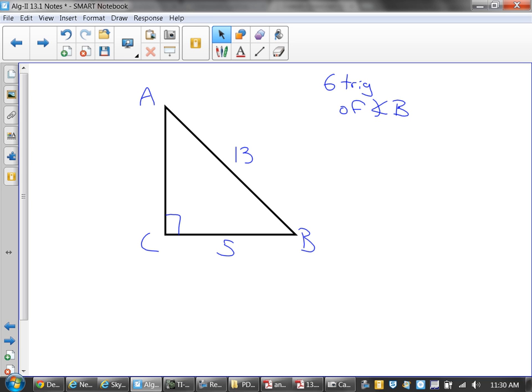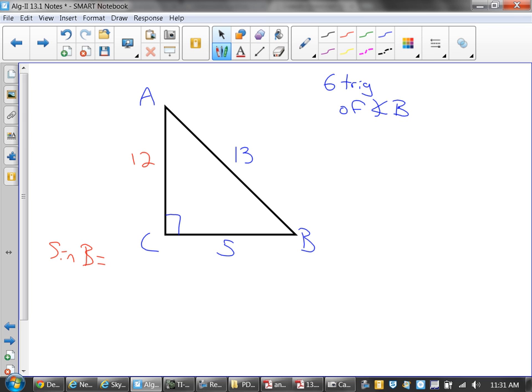If you forgot it, what could you always do though? Pythagorean theorem? Oh, yeah. Oh, that's right. A squared plus B squared equals C squared. So, the sine of B is what over what?